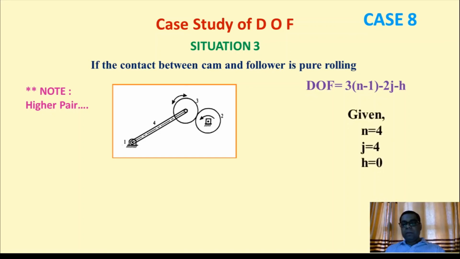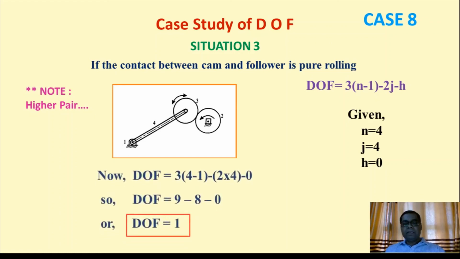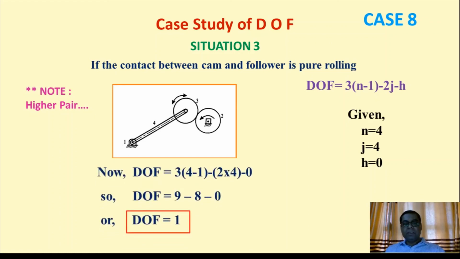According to Grubler's criteria, n should be 4, lower pair equal to 4, and higher pair is not present in this situation. Try to understand, the contact between the cam and follower is pure rolling, therefore no such higher pair is considered. So under this situation, the degree of freedom is equal to 1.